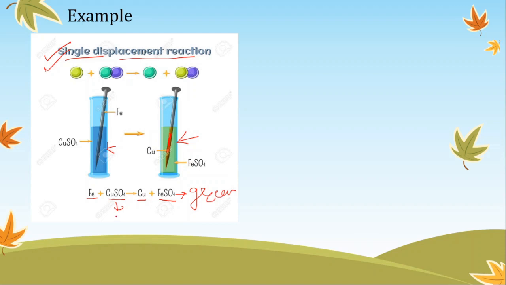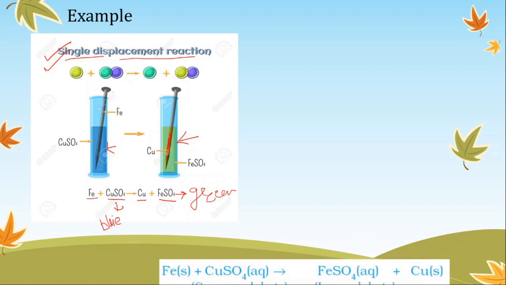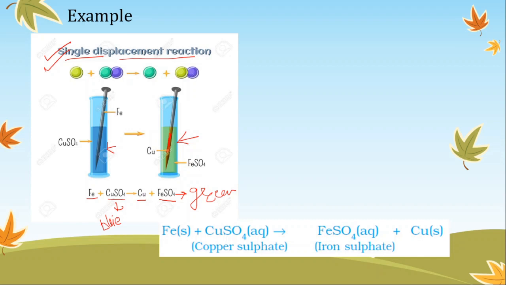Earlier the copper sulfate solution was blue in color. So this is an example of a single displacement reaction, or better we call it a displacement reaction. The iron nail reacts with copper sulfate and there is the formation of ferrous sulfate and copper.